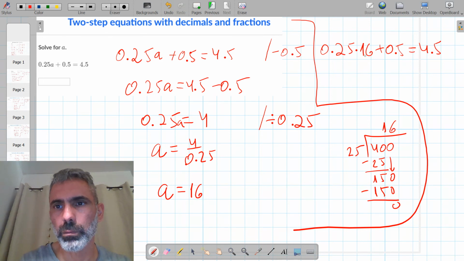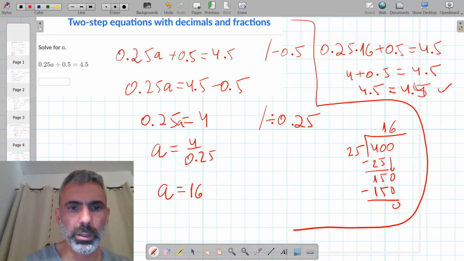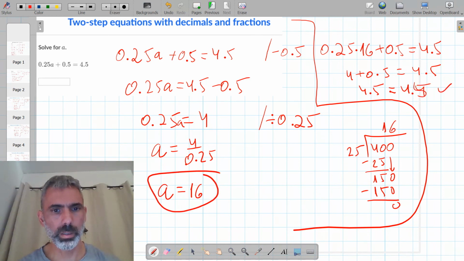A quarter of 16 is 4. 4 plus 0.5 equals 4.5. 4 plus 0.5 is 4.5, and it's indeed equal to 4.5. So this is correct, which means that A is indeed 16.